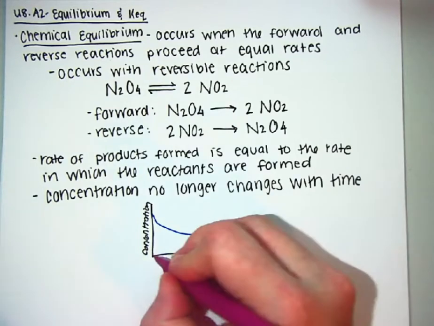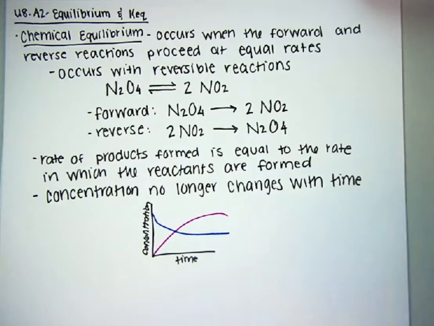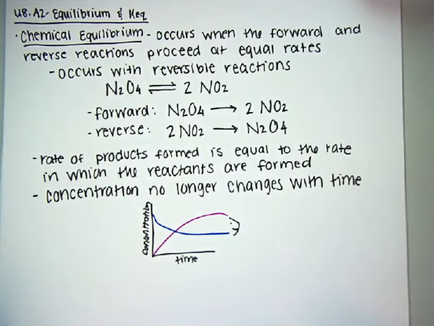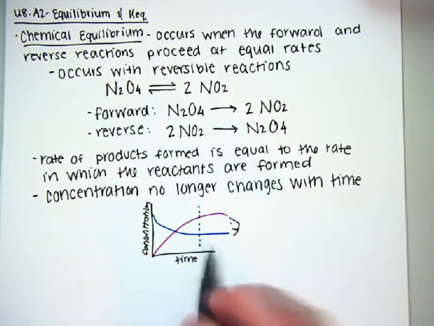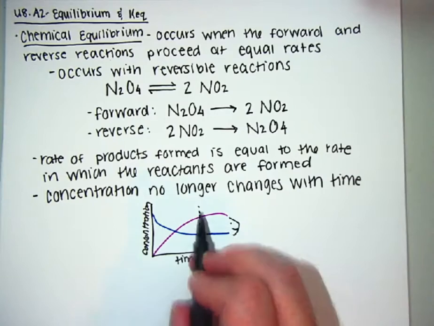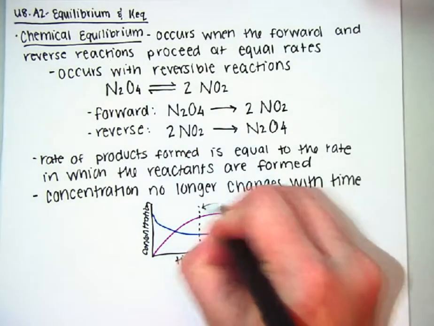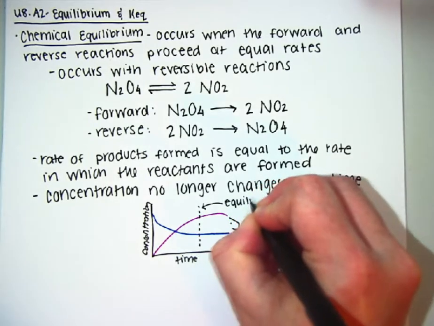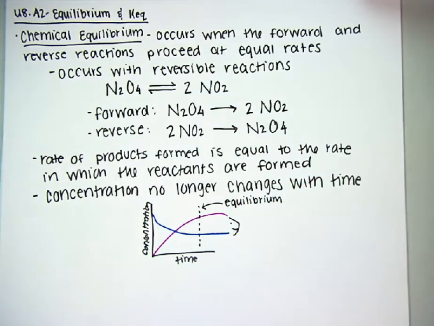We know the concentration of products are going to increase over time. And this looks like a fish. Well, at this point, where we notice that it starts to level out, this is where this reaction reaches equilibrium, the point at which concentration is no longer changing over time.